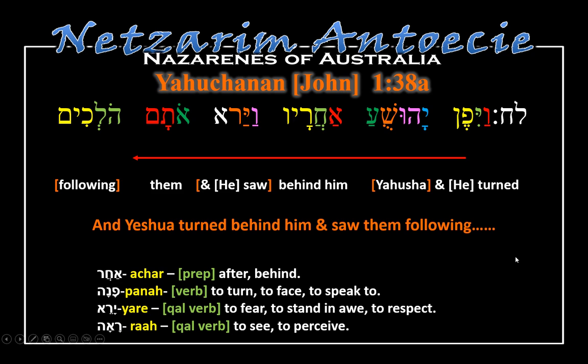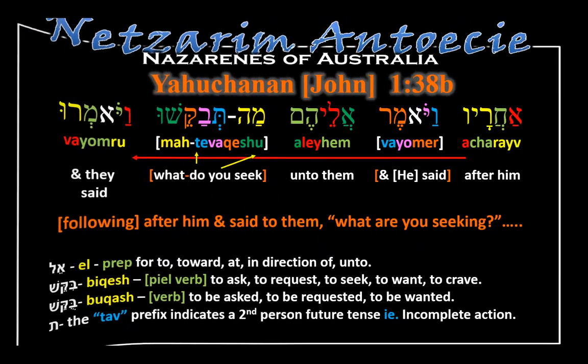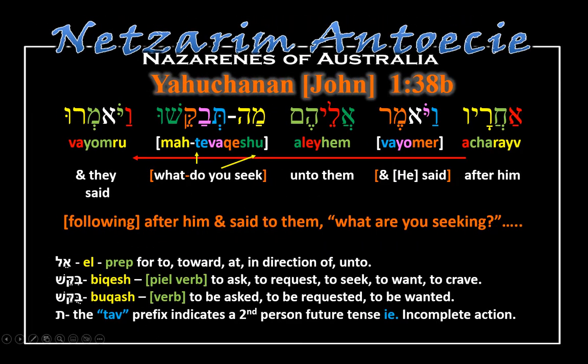Right. So, we now come to 38b, and of course we have an aleph, a chet, a resh, a yod, a vav. Vav, yod, aleph, mem, resh. Aleph, lamed, yod, hey, mem sofit, mem, hey, tav, vav, kuf, shin, vav. Vav, yod, aleph, mem, resh, vav.